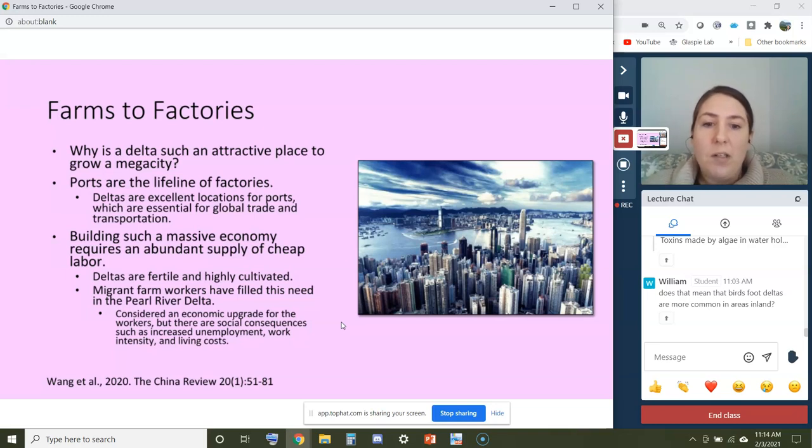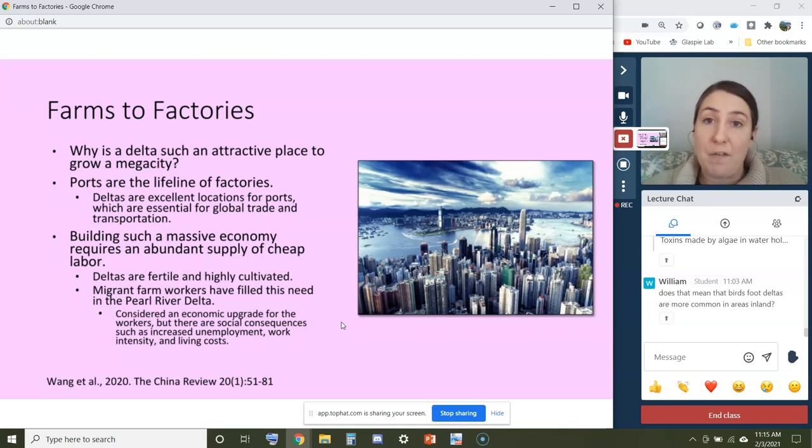Why would a country decide to switch a relatively rural place to a factory? What makes the delta such an attractive place to grow a megacity? Well, the low-hanging fruit is that you can have ports in a delta. Deltas are an excellent location for ports, and ports are an essential piece of the global trade and transportation issue.